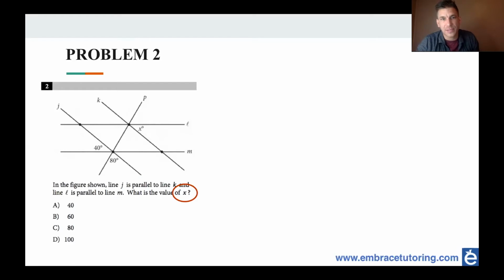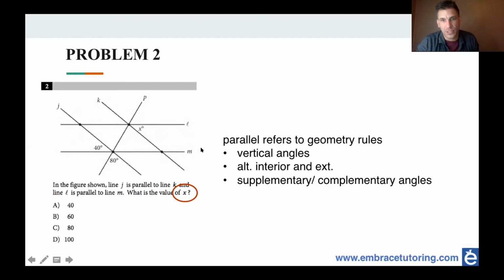As I'm locating what I'm looking for, I notice that it wants me to figure out what x is here. So what I'm going to do is understand the parallel line geometry rules. I want to pay attention to vertical angles, alternate interior and alternate exterior angles, and then supplementary and complementary angles. Remember, supplementary is when they equal 180, being the full line.